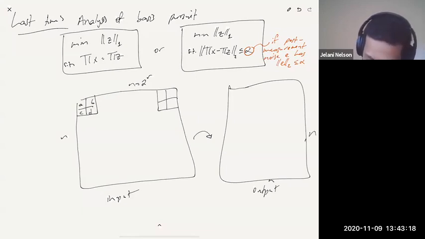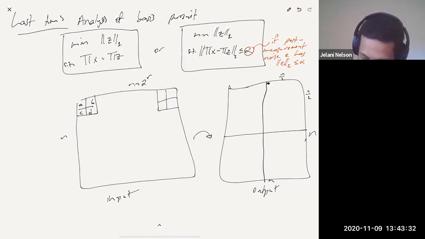And what I'm going to do is in the output image, I'm going to divide the output image up into 4 big blocks that are each n over 2 by n over 2. And then these 4 numbers are going to get transformed into 4 pixels here. So there's 1 pixel here, 1 here, 1 here, 1 here. Since it's the top left block in the input image, it goes to the top left pixel in each of the output sub images.